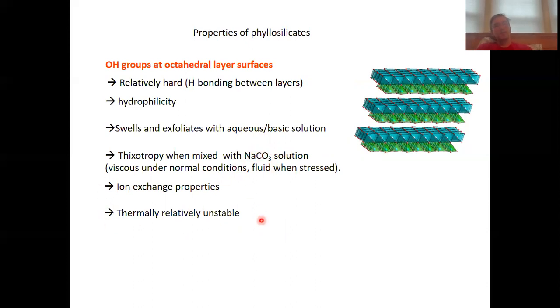They're also thermally relatively unstable, because you have interactions of the hydroxyl groups here at the aluminum with the tetrahedral layer, and when you heat that enough, an octahedral layer can start to chemically react with an adjacent tetrahedral layer under the elimination of water, and then this converts into a three-dimensional structure.